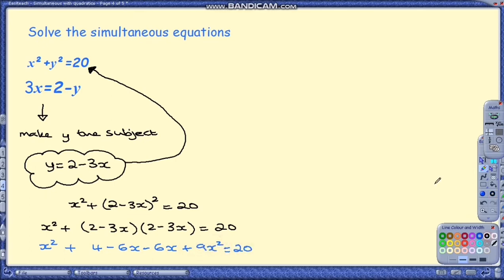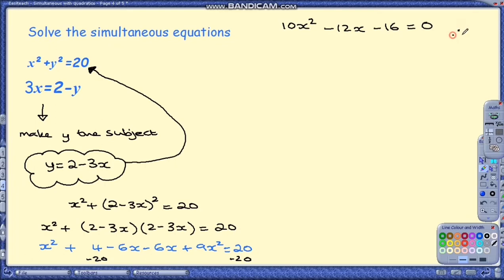I'm going to simplify over here. So x squared plus 9x squared will be 10x squared. Minus 6x minus 6x will be minus 12x. I'm going to subtract the 20 to get rid of it from the right hand side. So 4 take away 20 is minus 16, and that's equal to 0. Now again, if you look at all the terms, they're multiples of 2.